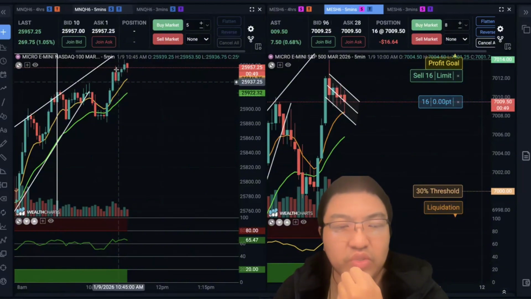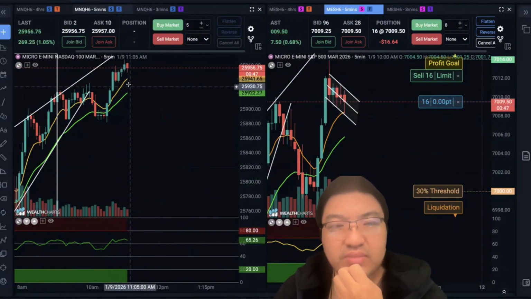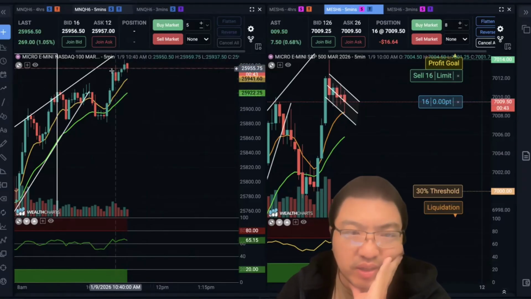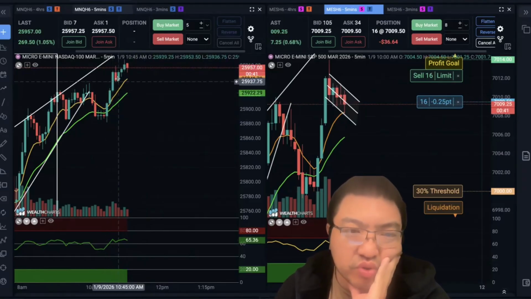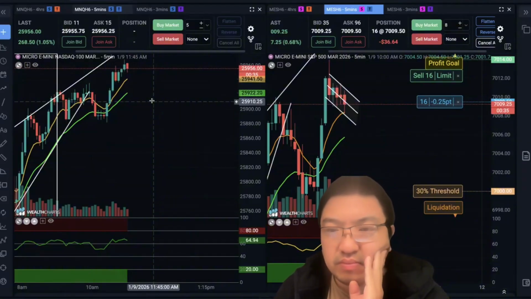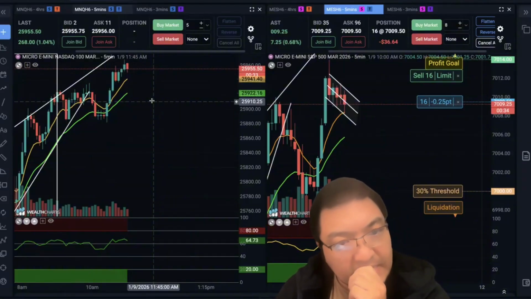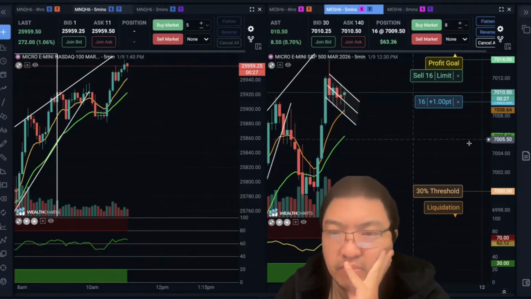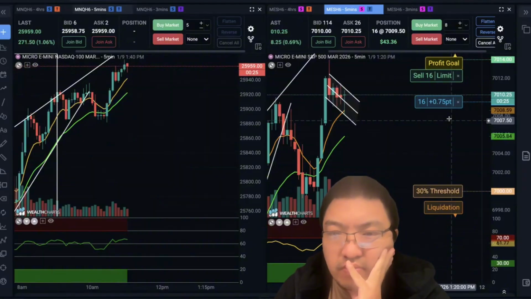Make sure to watch the completion of two candles. It's okay if it falls back. Then this sharp drop, sharp rise, sharp drop is not for us.